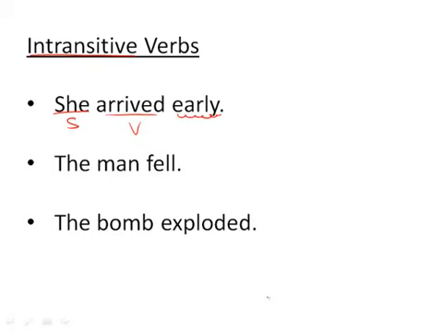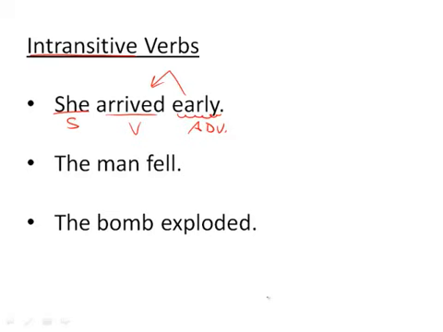Well, we're modifying or describing how she arrived. And when we're describing or modifying a verb, we are using an adverb. A direct object has to be a noun. And so here we simply have a verb with an adverb. There is no direct object.